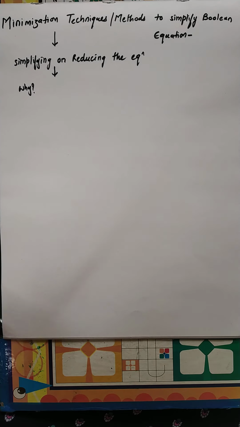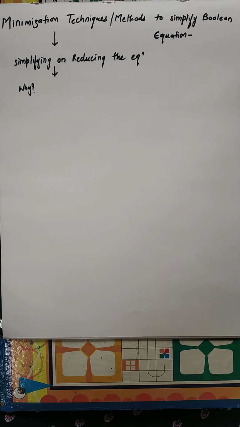So to reduce the size of the circuit or the number of devices in a circuit, whatever equation we derived from the truth table should be further simplified or reduced, or we can say minimized, to get the simplified equation.